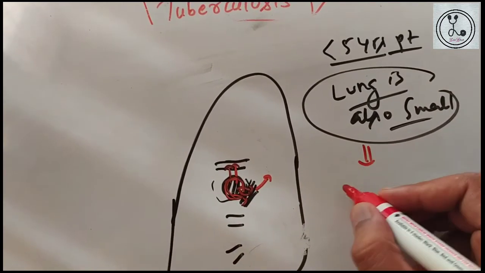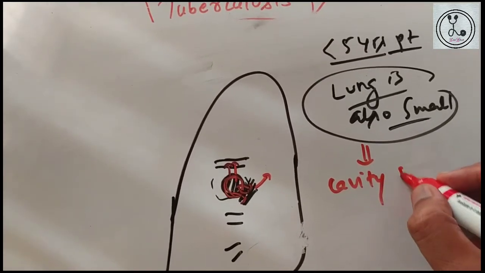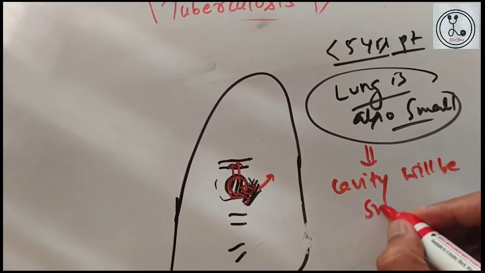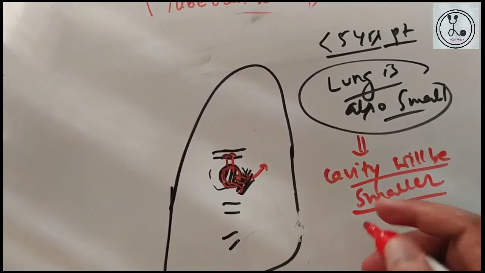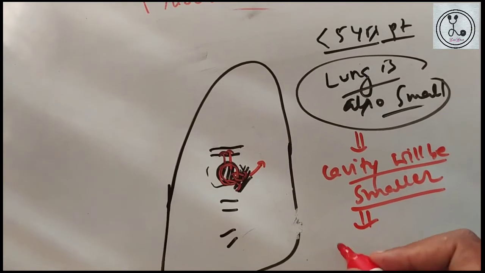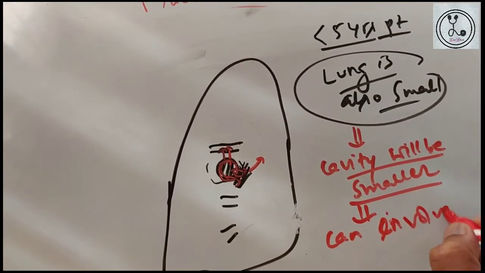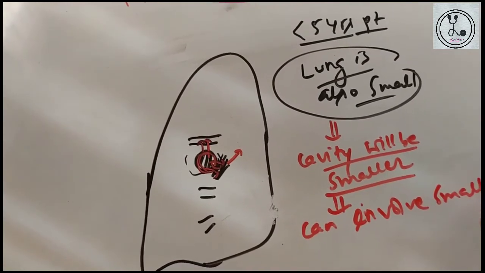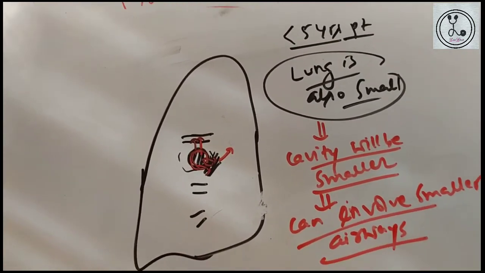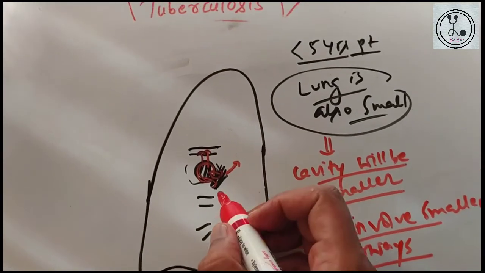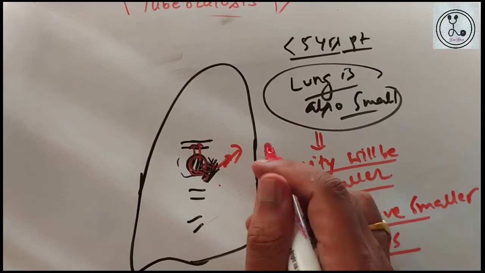So in the pediatric population the cavity will be smaller, but there are so many smaller airways that it can involve them.